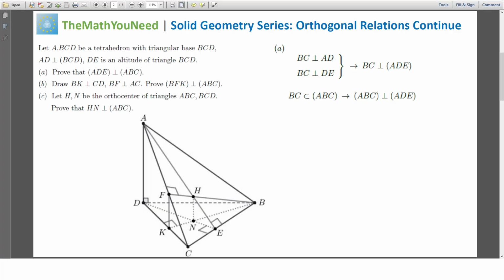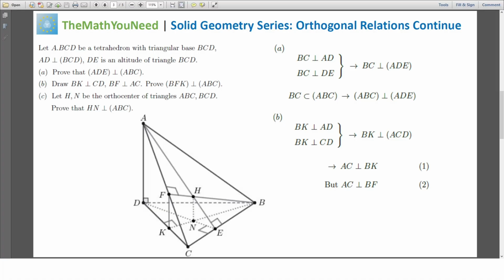So together, BC is perpendicular to the plane ADE. But BC is contained in the plane ABC. Thus, plane ABC is perpendicular to plane ADE.